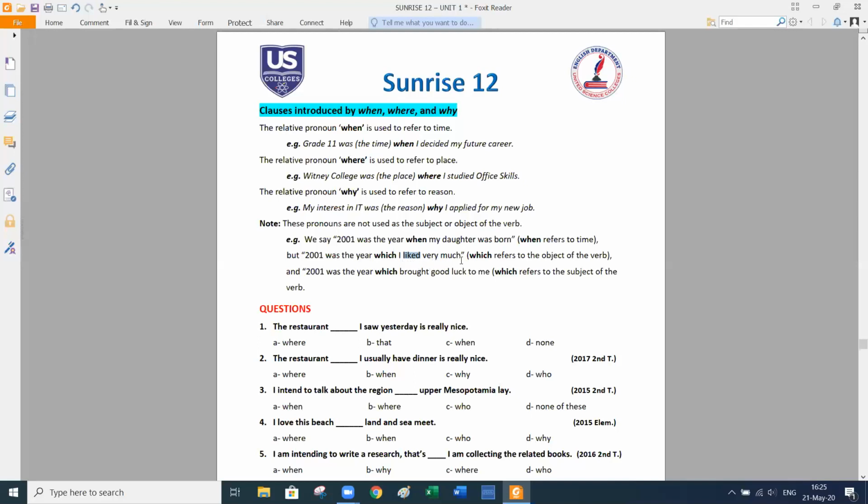I liked what? So if you want to find the object of the verb, I liked, you ask the question what? I liked the year 2001 very much. So 2001 refers to the object, not to the time.